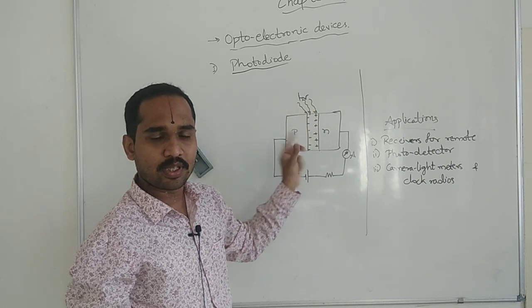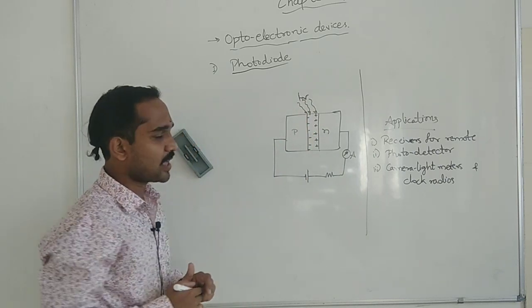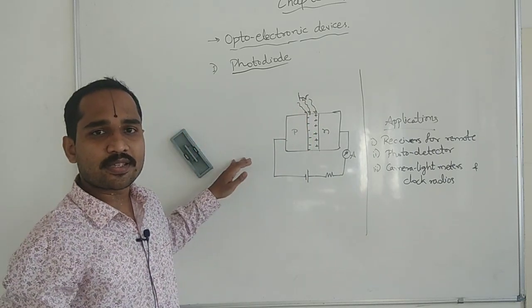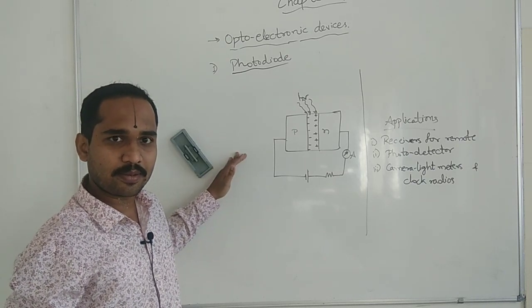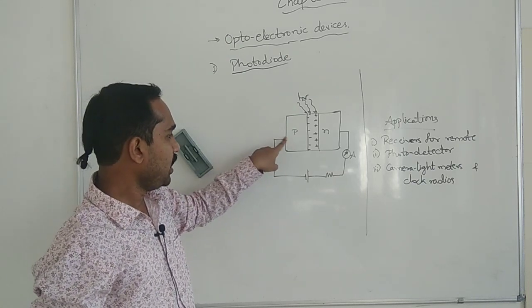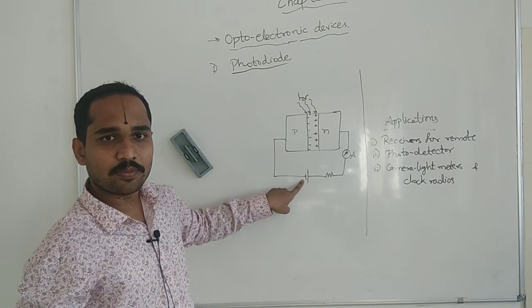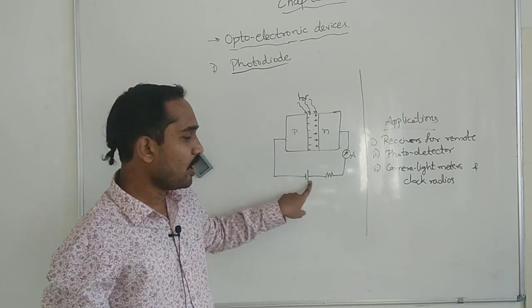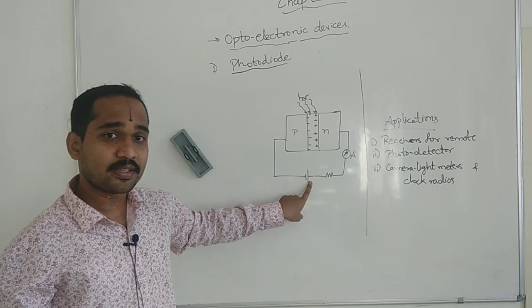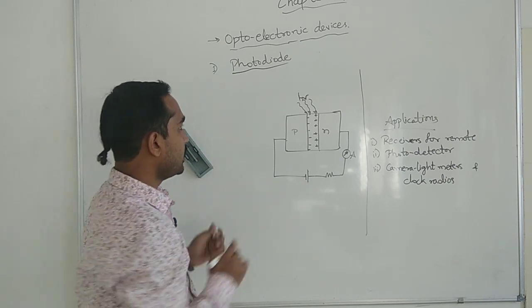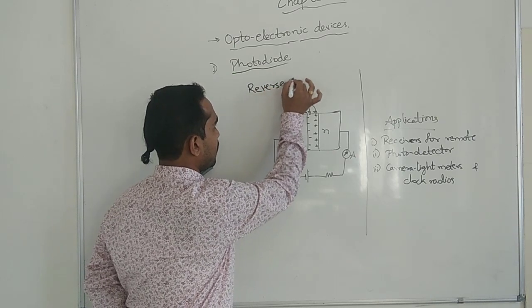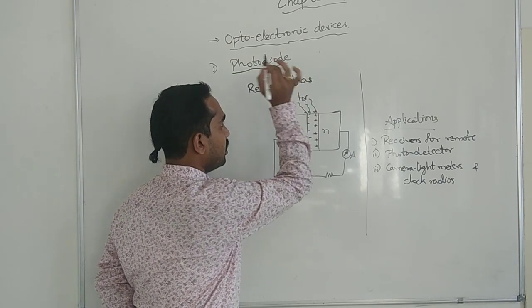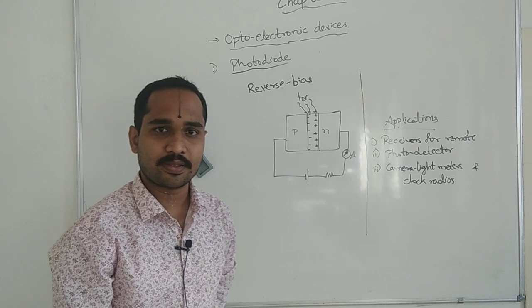Now can you please identify which biasing we have used here? See the diagram and guess. P is connected to the negative terminal of the battery, N is connected to the positive terminal of the battery. In the sense, this is under reverse bias. This diode is working under reverse bias conditions.